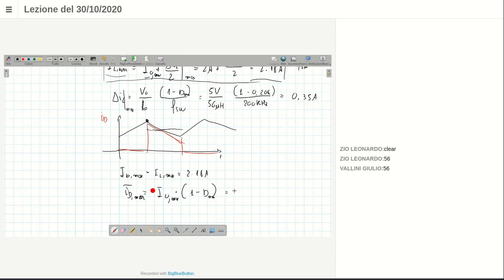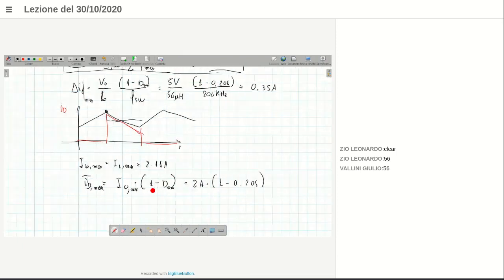If we put the values, the output current is 2 amps, this is 1 minus 0.208, the minimum duty cycle, we get 1.58 amps. Okay.